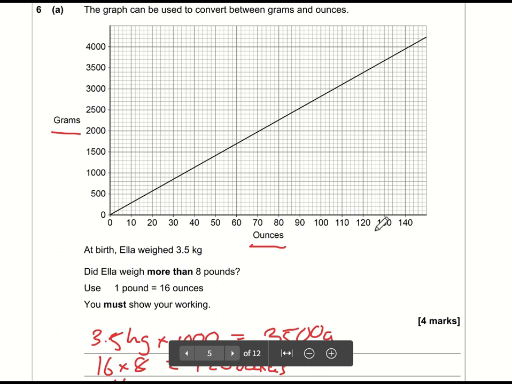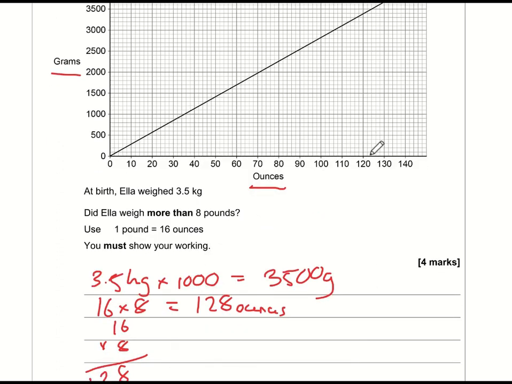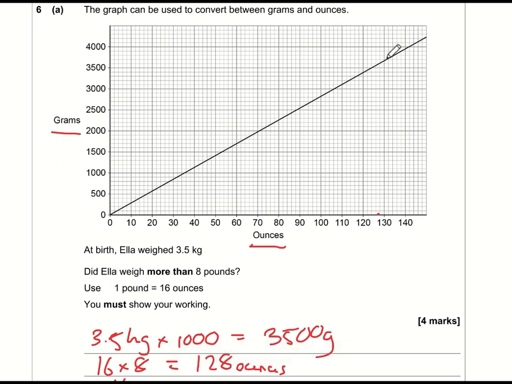So let's go and find 128 ounces. We've got ounces along the bottom here, we're going up in twos, so 128 is just the line before the 130. So 130 is here, so we are taking the reading at this point here.